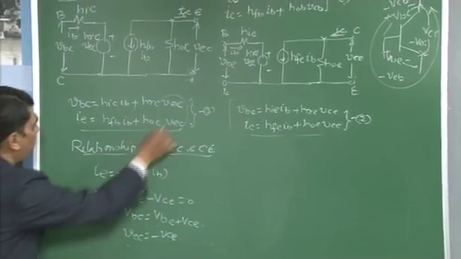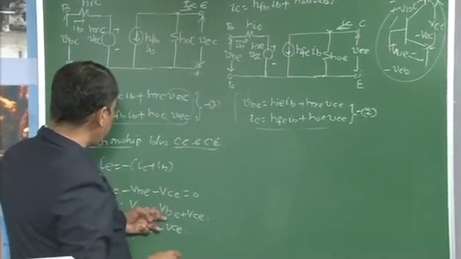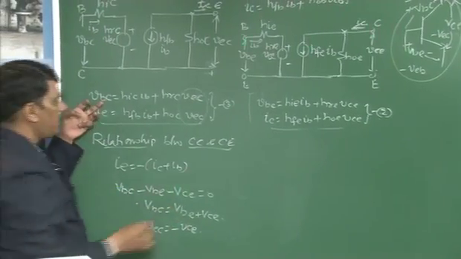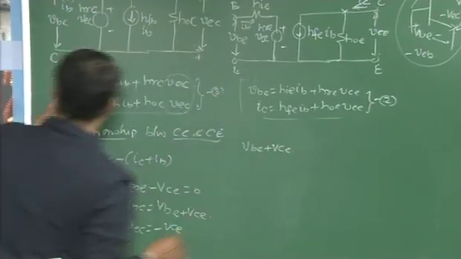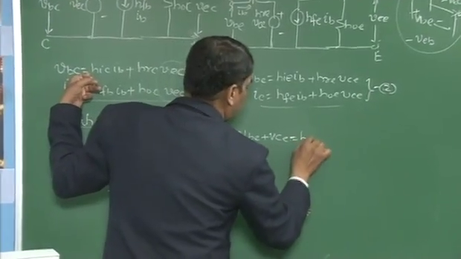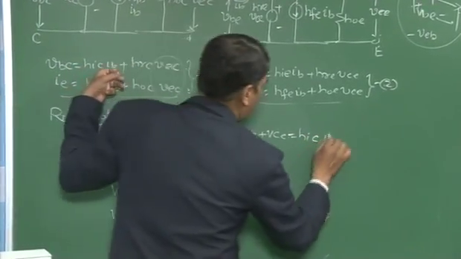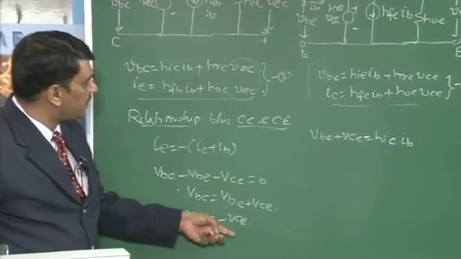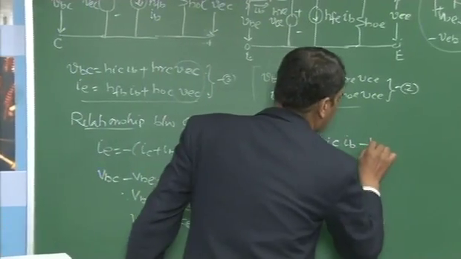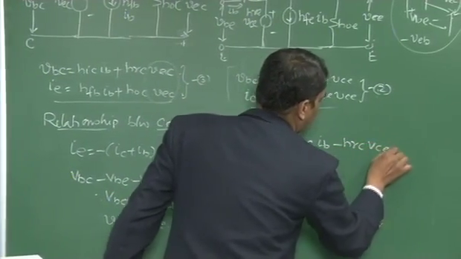Substituting these into equation 3, you are going to get VBE plus VCE equal to HIC IB plus HRC, and because VEC is equal to minus VCE, this becomes minus HRC into VCE.